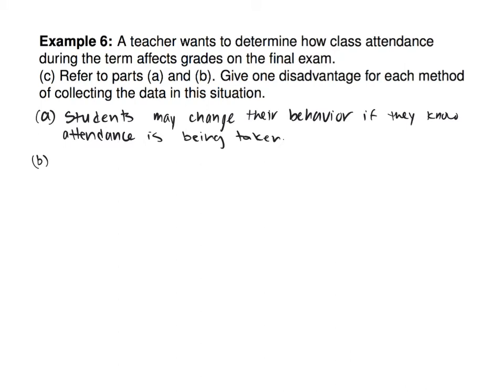An obvious problem with B, as we described it, if we're asking students about their attendance, the big problem is they may not remember accurately. Students may not accurately remember how many classes they missed.